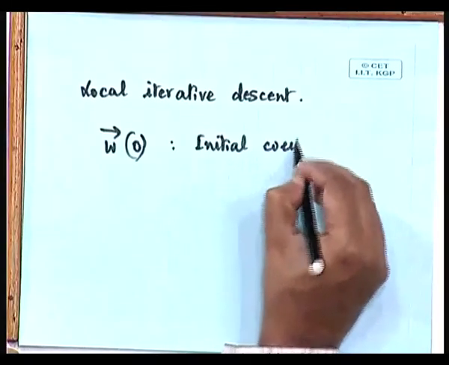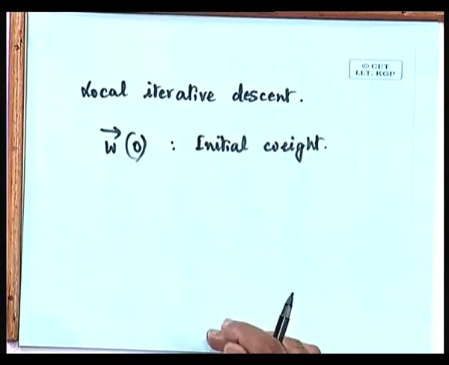So, W0 is the weight at iteration number 0, that is, the starting or initial weight. In all cases we are going to have some guess of the initial weight. It does not matter, we can have any arbitrary guess, because if the local iterative descent algorithm works, then with any arbitrary weight combination we should ultimately reach the point of minimum. That is what we are looking for.